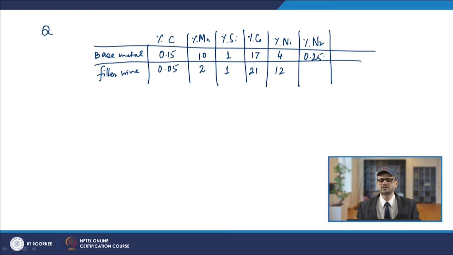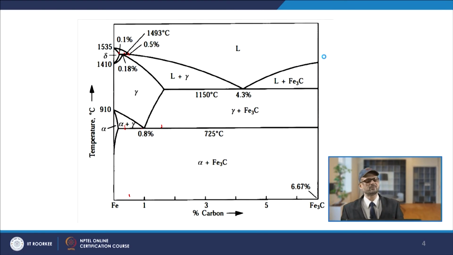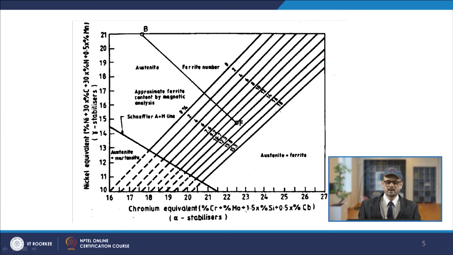Now, for that you need to look into the Delong diagram, and this is the Delong diagram which is given. Here we see the chromium equivalent, which is calculated using the formula: percentage chromium plus percentage molybdenum plus 1.5 times percentage silicon plus 0.5 percentage columbium.